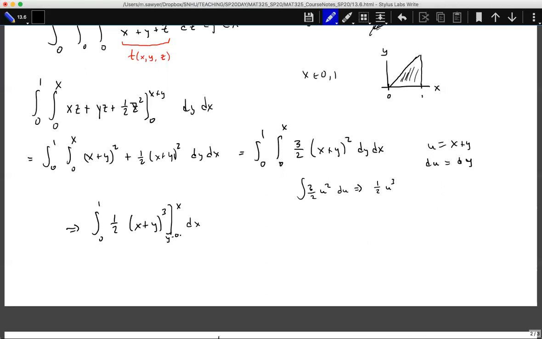Remember that we're doing this with respect to y. So we get 0 to 1 of 1/2 times 2x cubed dx. 2 cubed is 8, divided by 2 is 4. So we have 4x cubed evaluated from 0 to 1, dx. So x to the 4th, evaluated from 0 to 1, should give us 1.